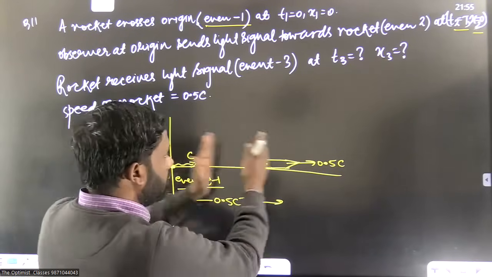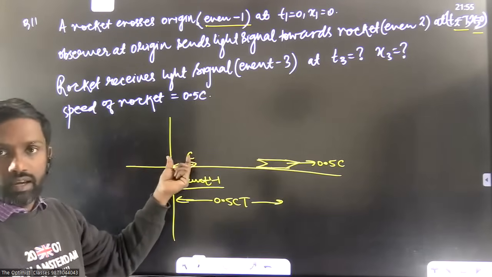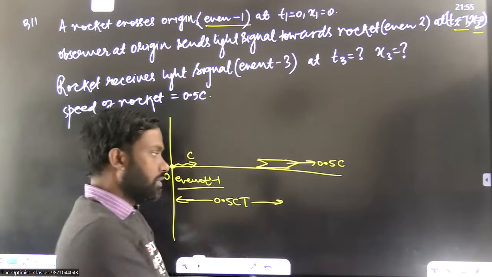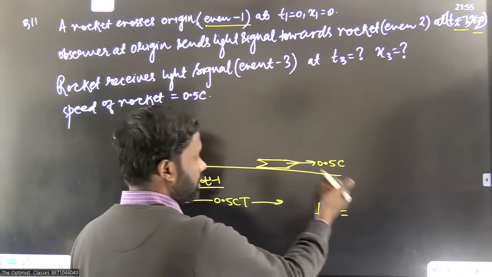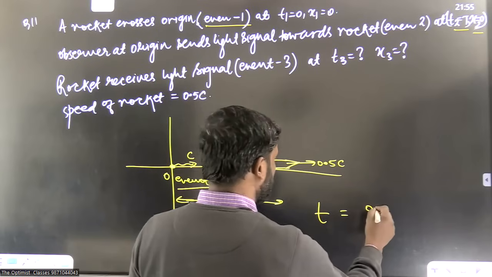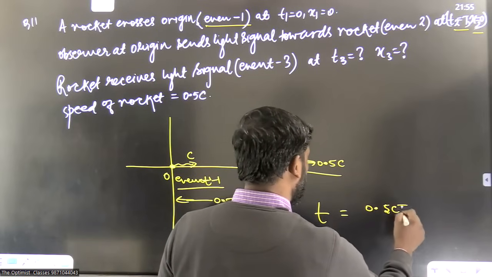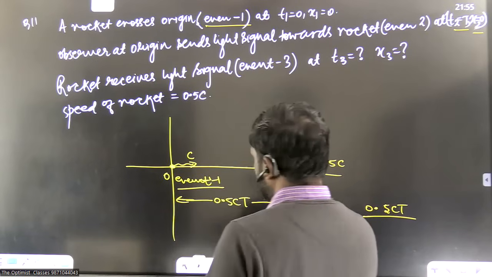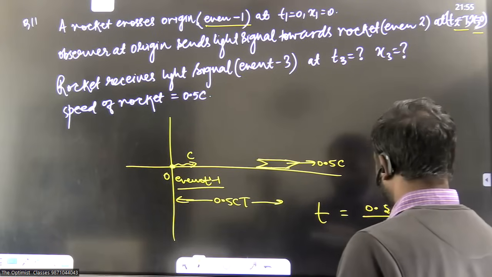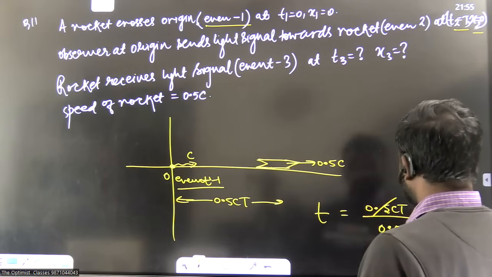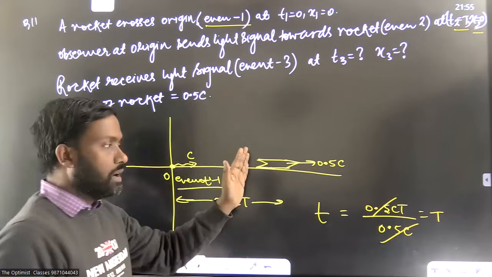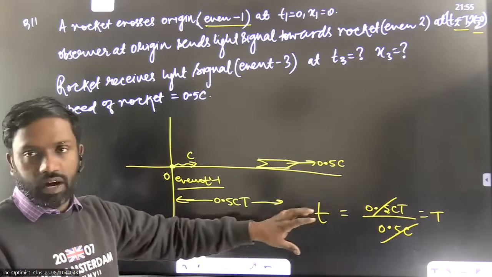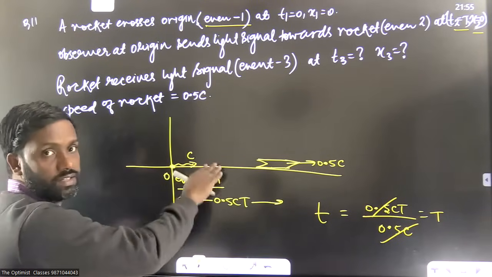The light pulse's speed is higher, so it will catch the rocket. The time it takes we can calculate: 0.5 cT divided by the difference of their speeds, which is also 0.5 c. So this cancels out and you get T. Therefore the light pulse will reach the rocket after this much time, after it starts from here.